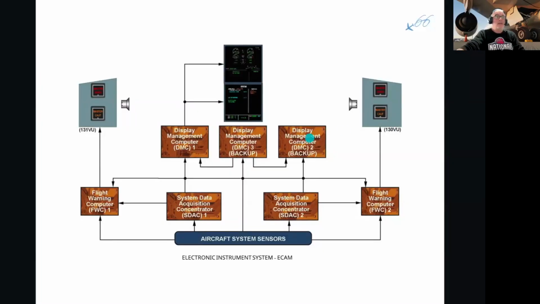So we have display management computer number 1, which is usually the active one. And then we have display management computer number 2, which is in backup, and display management computer number 3, which is in backup. We'll see a lot of this on the A320.